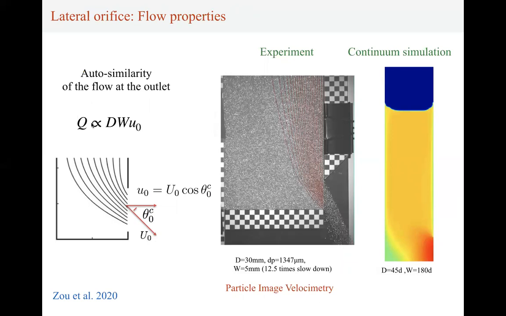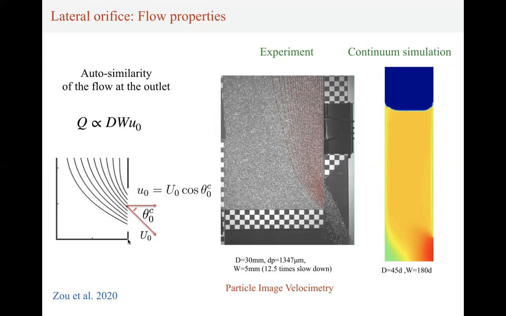The flow rate is proportional to the outlet surface and the velocity. Which velocity? The horizontal velocity, the one perpendicular to the outlet. This horizontal velocity we can separate into two terms: the magnitude of the velocity that we call U0, and the inclination of the central streamline.